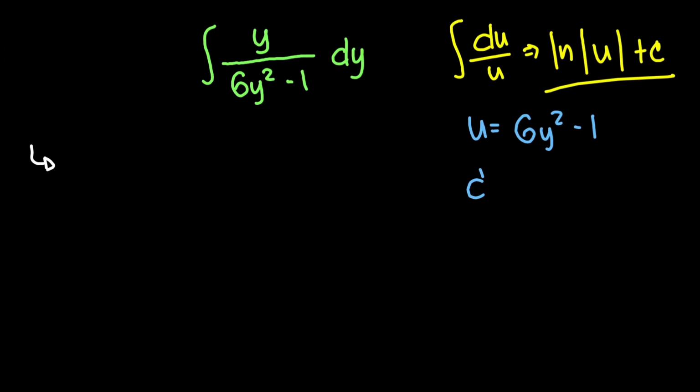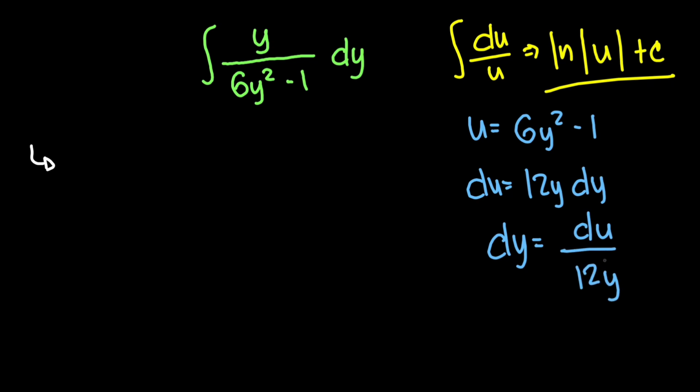And so du, which is the derivative of u, would be equal to 12y dy. And since what we want here is the value of dy, we isolate dy. So this would be equal to du over 12y. Substitute the values here.